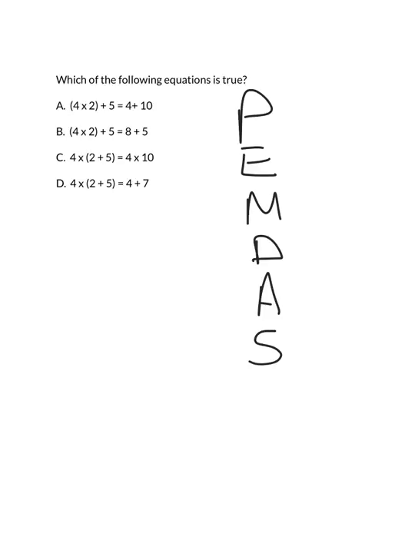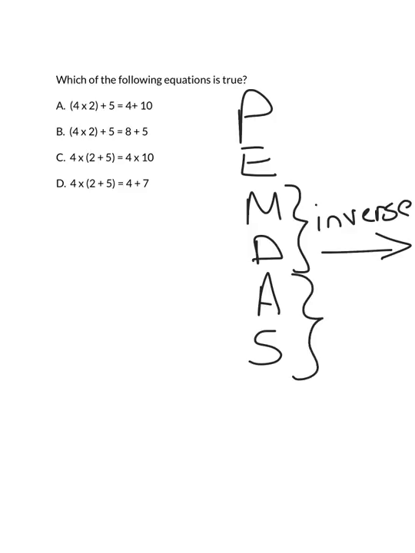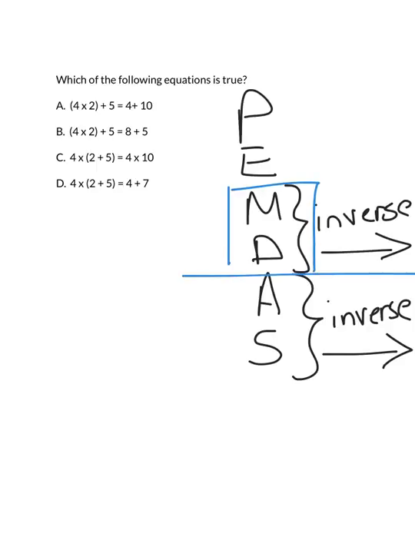And that's parentheses, exponents, multiplication and division, which are inverse operations. So we do those left to right, and then addition and subtraction, which are inverse operations, and again we do those left to right. But we do addition and subtraction only after we have finished our multiplication and division.